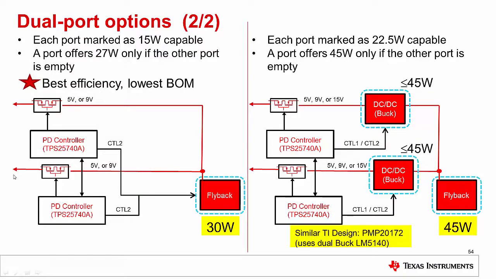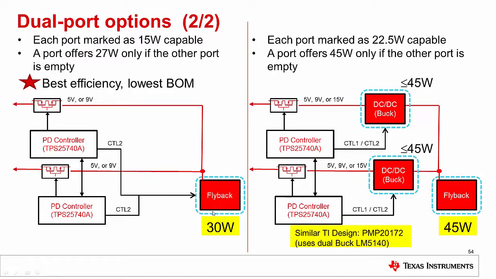But when the second port is connected to a second sink, so now both ports are connected, again the two PD controllers cooperate with one another, and they advertise only 5 volts. The port that was delivering 9 volts will tell the flyback to reduce its voltage to 5 volts through the CTL2 pin, and then both ports will be delivering 5 volts at 3 amps for a total of 30 watts.